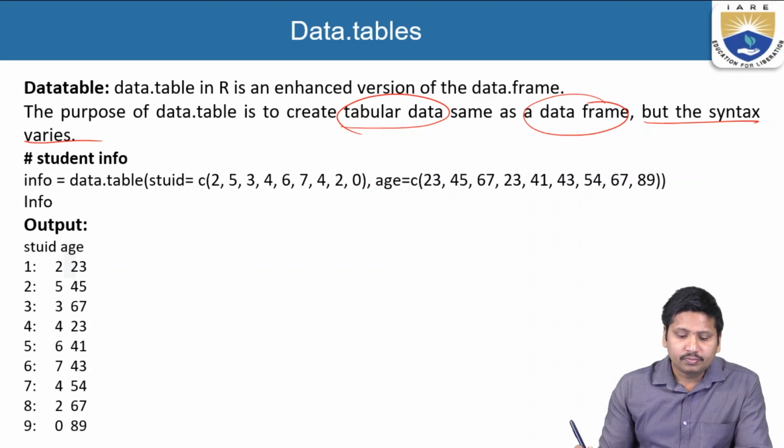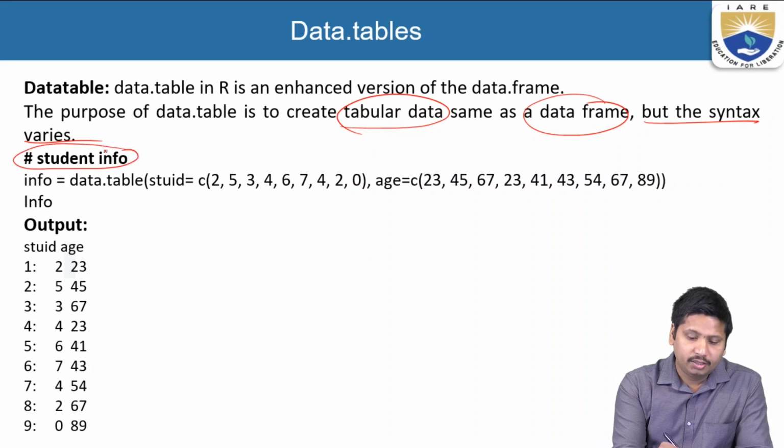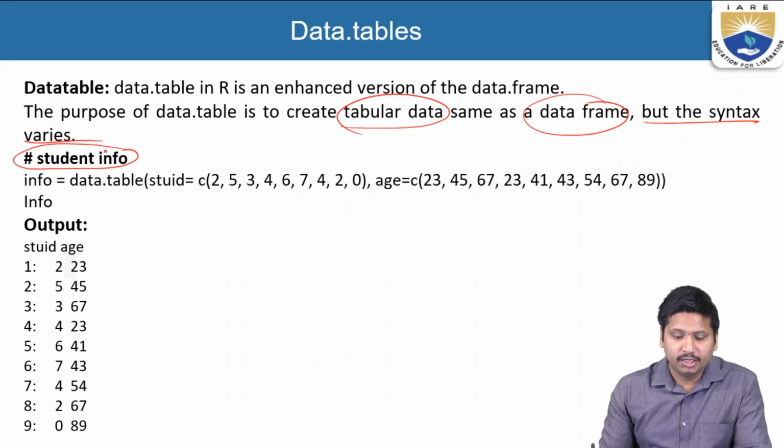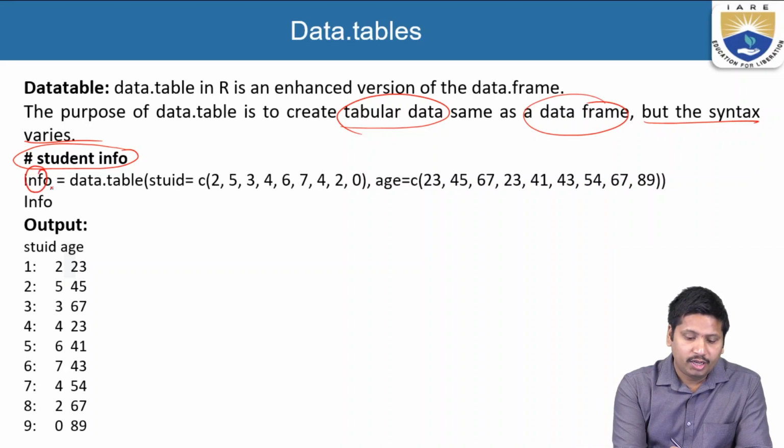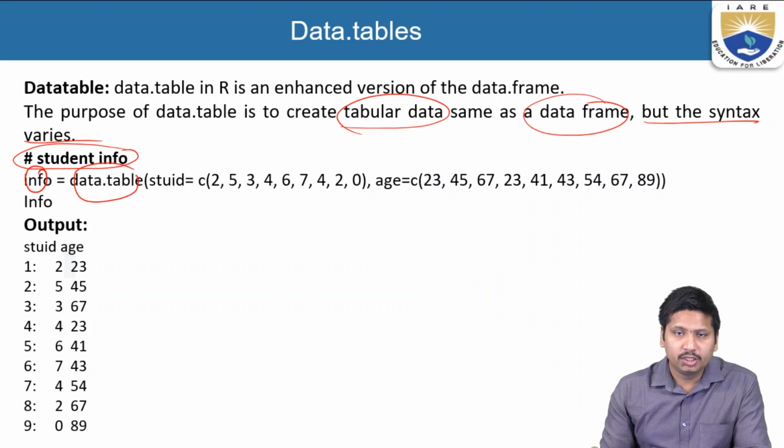Suppose I'm taking student information as the data table. How can we create that? I take a variable, and this is the function I use for creating a data table.